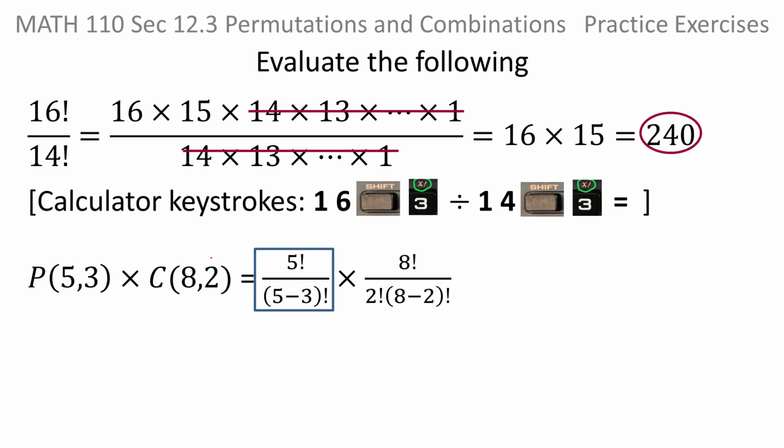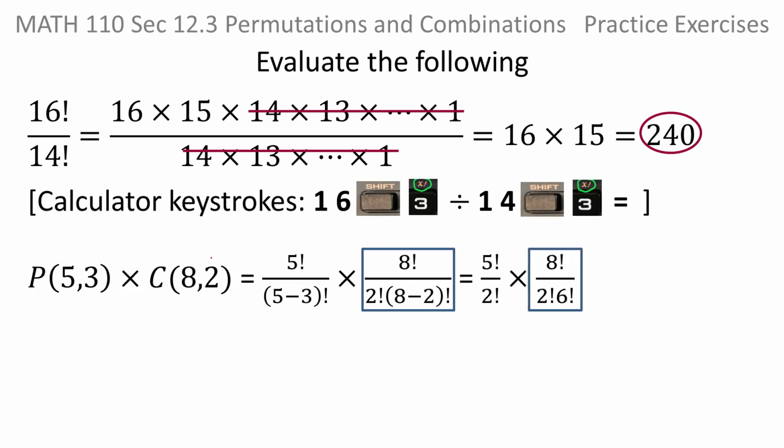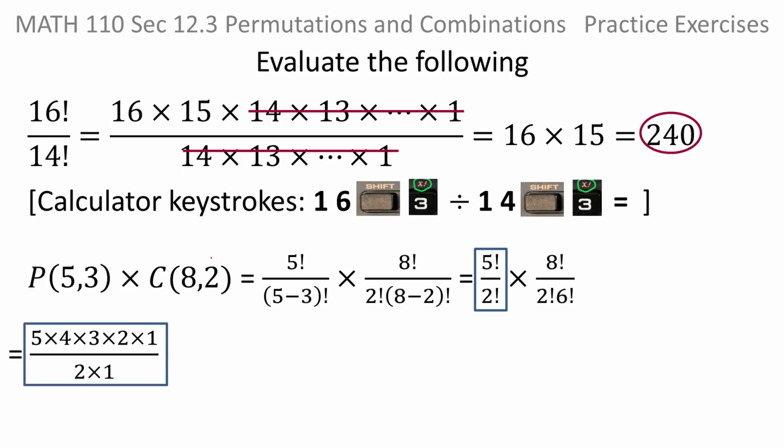Go back to the first fraction. 5 minus 3 is obviously 2, so you end up with 5 factorial over 2 factorial. The second fraction is 8 factorial over the product of 2 factorial, and of course 8 minus 2 is 6 factorial.